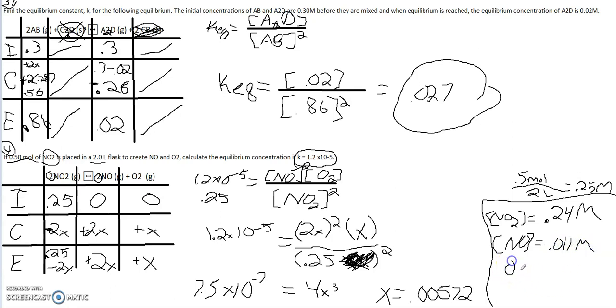And you have your oxygen concentration, which is just x. So your oxygen concentration at equilibrium is just this. So 0.005, we'll round that to 0.0057 molarity, based on all the assumptions that you've made.